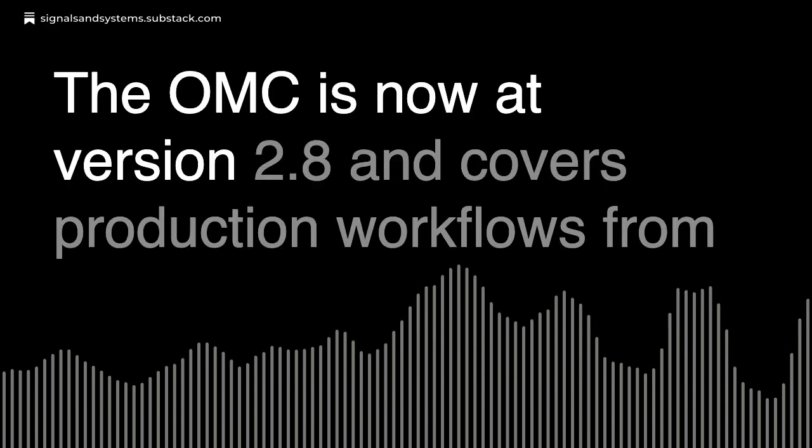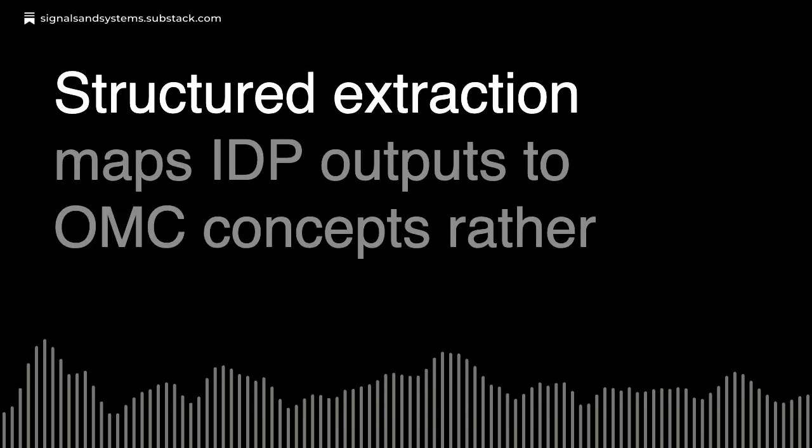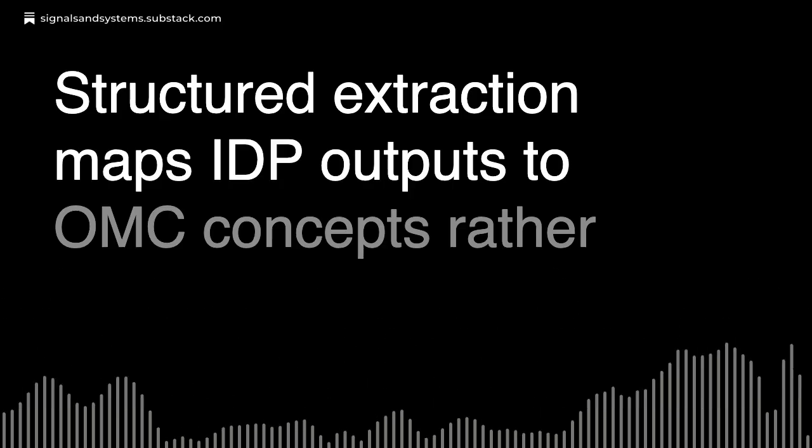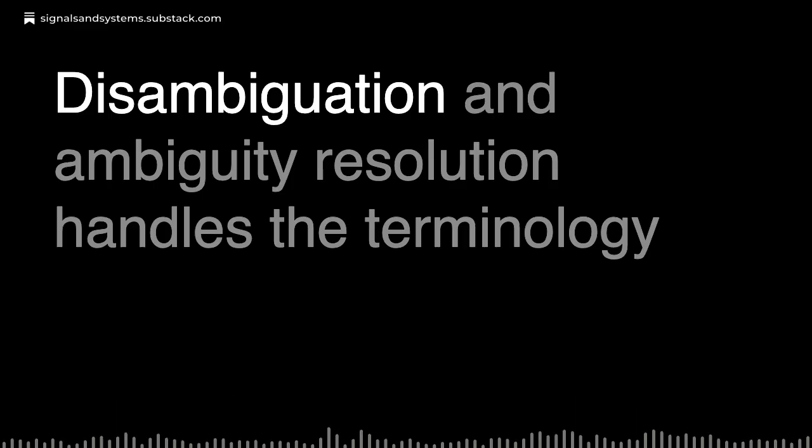The OMC is now at version 2.8 and covers production workflows from pre-production through post and into distribution. Structured extraction maps IDP outputs to OMC concepts rather than to any single studio's proprietary schema.